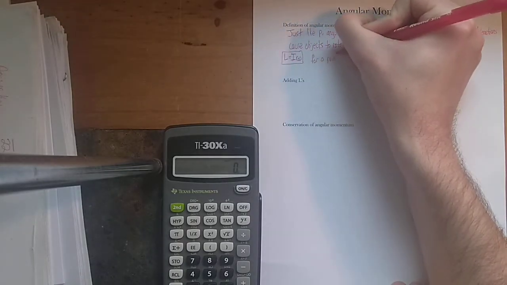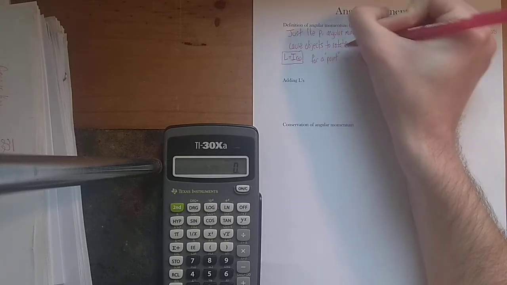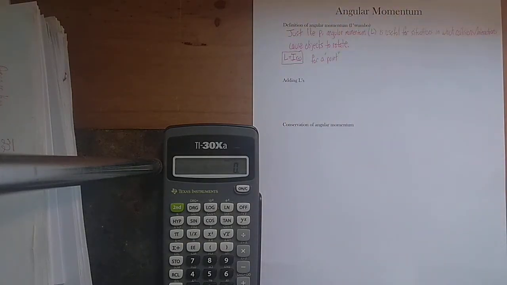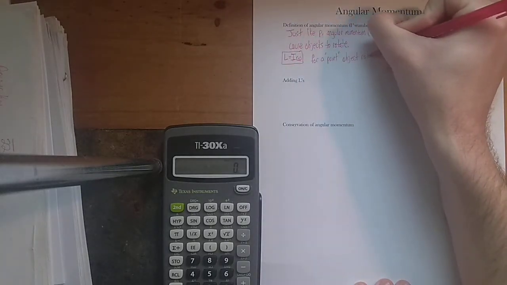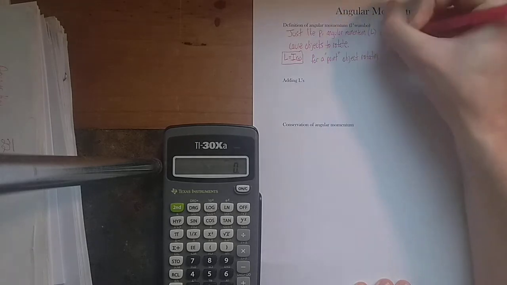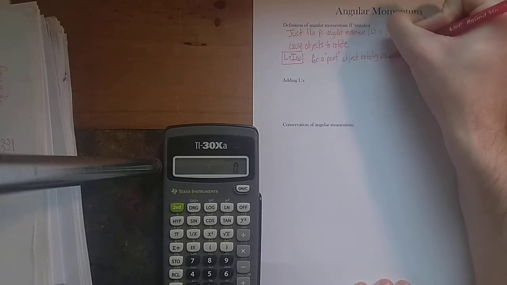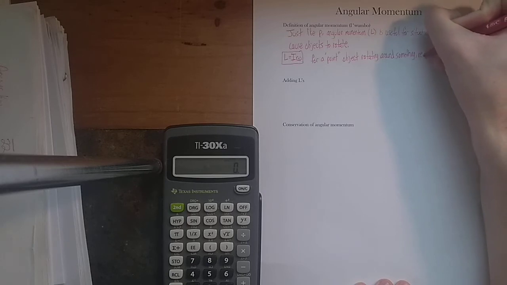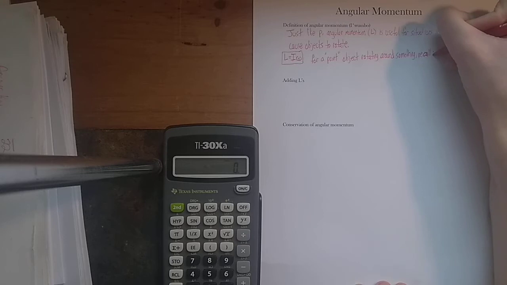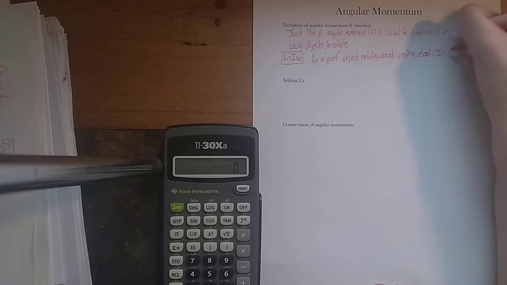For a point object, you imagine an infinitely small point, or something that can be reduced down to a point, rotating around some central axis, recall what the moment of inertia is for that. We have talked about it before. The moment of inertia for a point object is I equals mr squared.